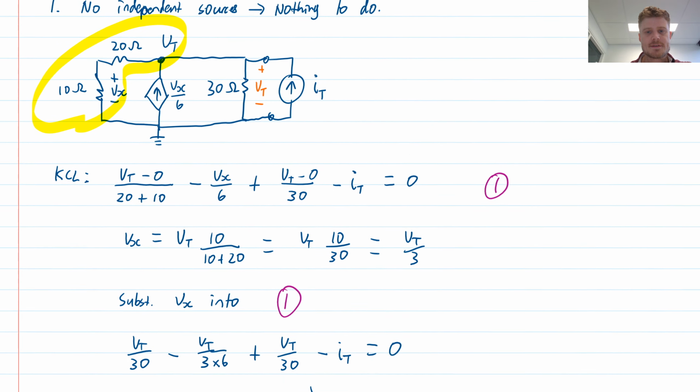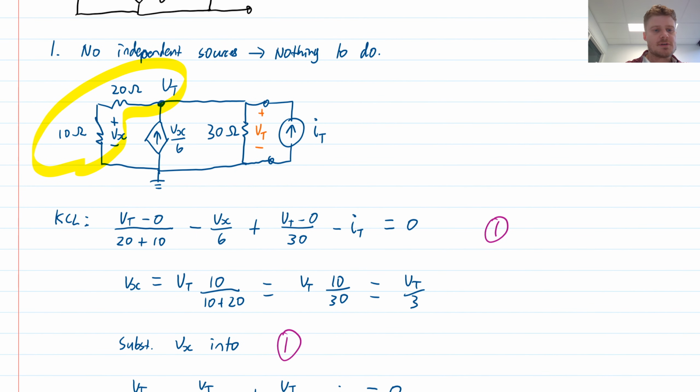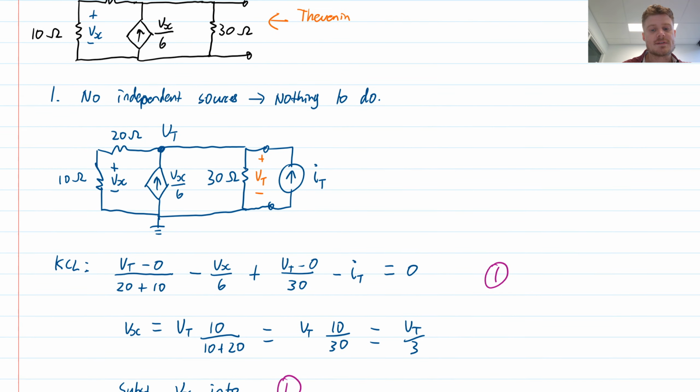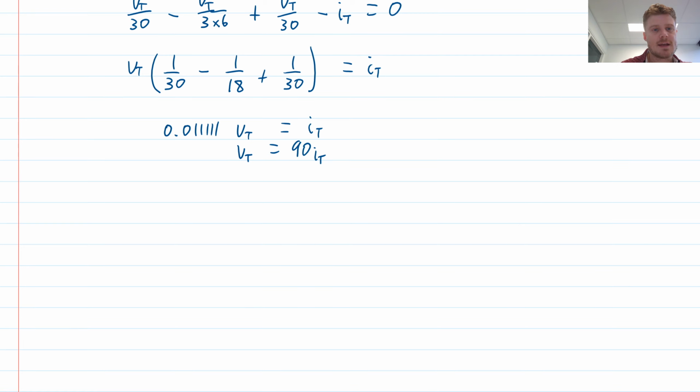So looking at this circuit now, I have a relationship between the voltage and the current entering these terminals. So looking at my steps for what I need to do, I've already done this, applying a test voltage or a test current into the terminals. The next step is to calculate the Thevenin resistance, basically using Ohm's law with this information that I have already calculated.